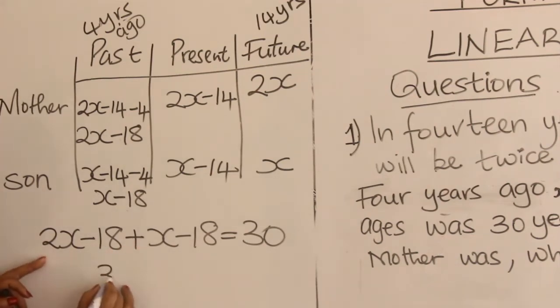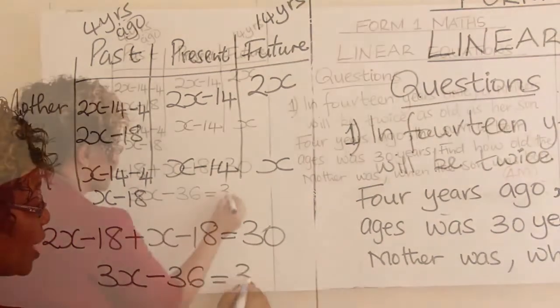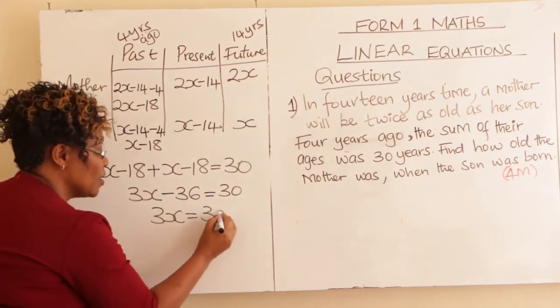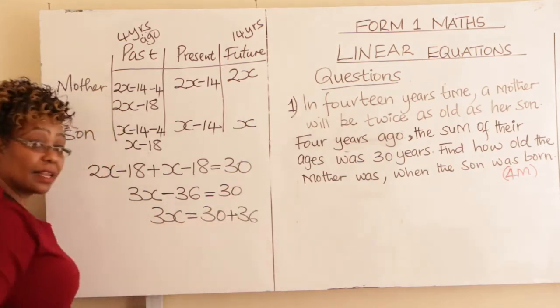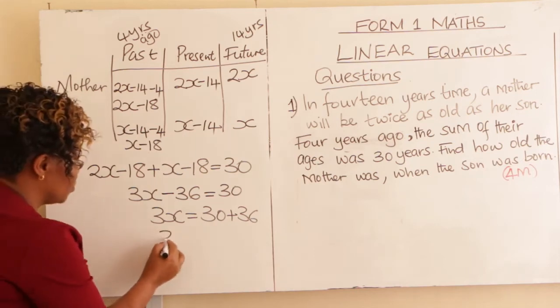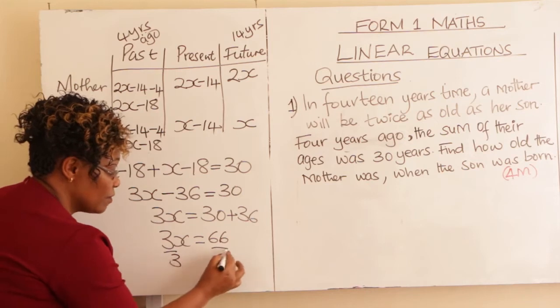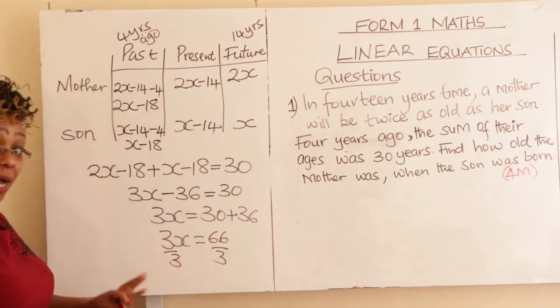You bring the like terms together: minus 18 and minus 18 is minus 36. And therefore 3x is equal to 30 plus 36, so 3x is equal to 66. Divide by 3 to get your x.